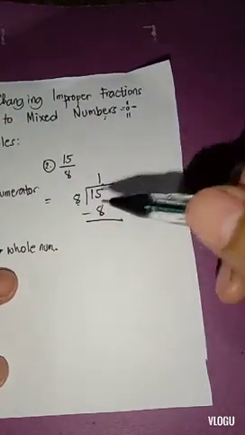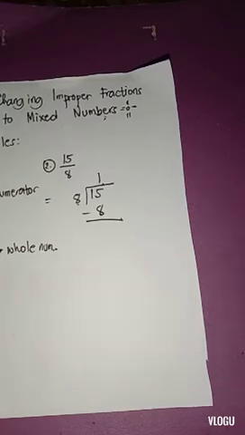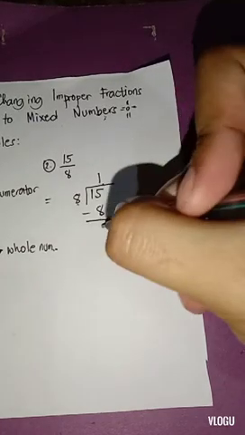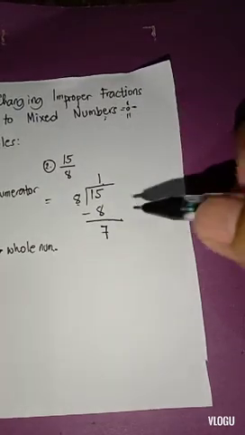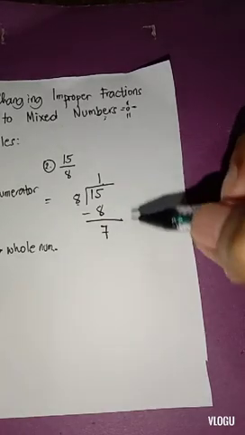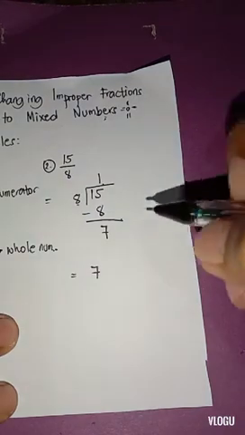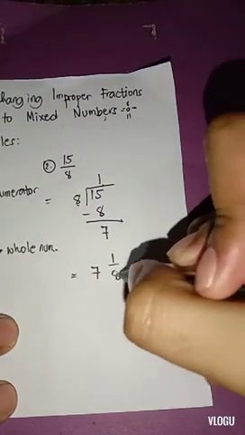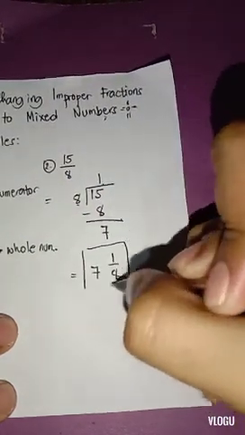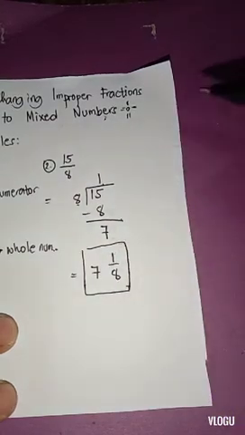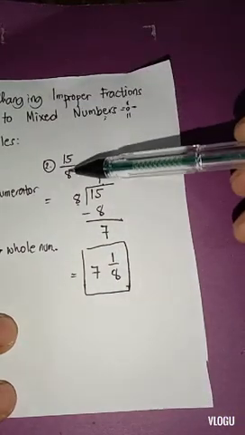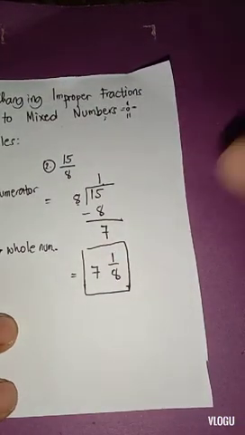So 15 minus 8 is equals to 7. So pag sinulat natin siya into mixed number, meron tayong 1 and 7/8. So final answer. Ganyan lang kasimple mag-change ng improper fraction to mixed number.